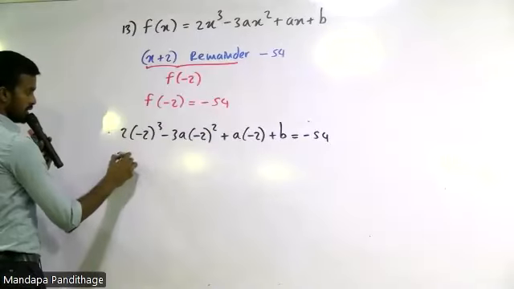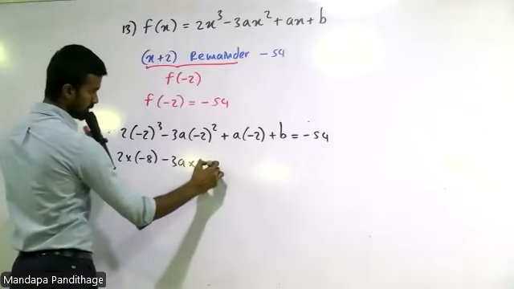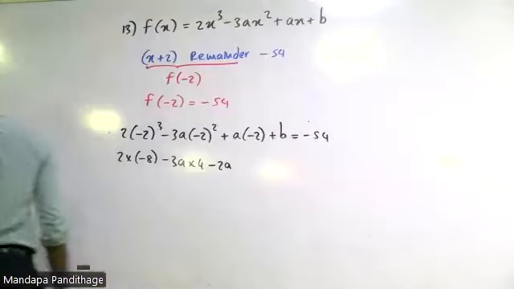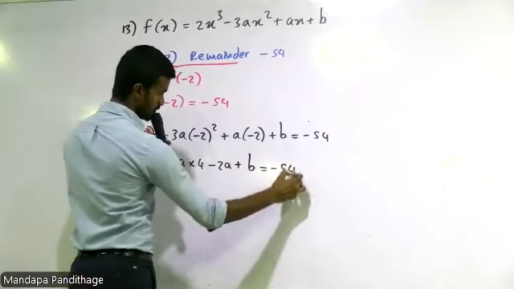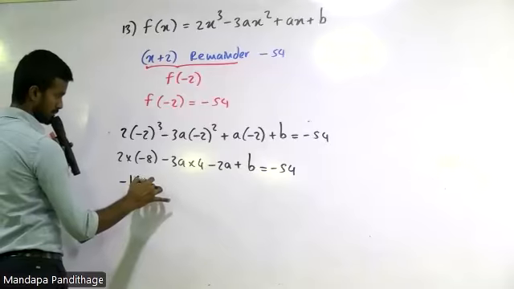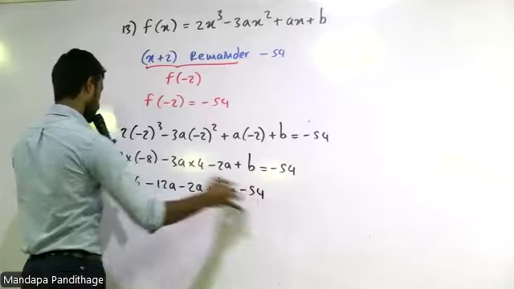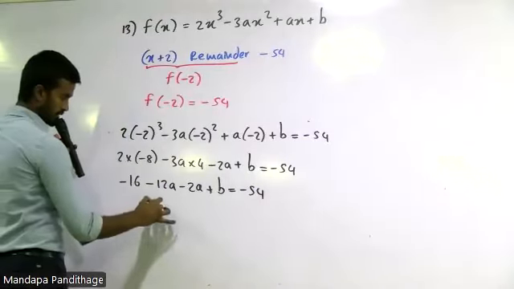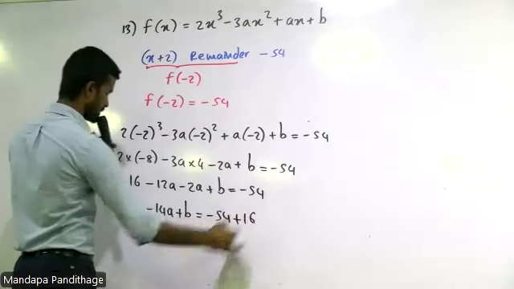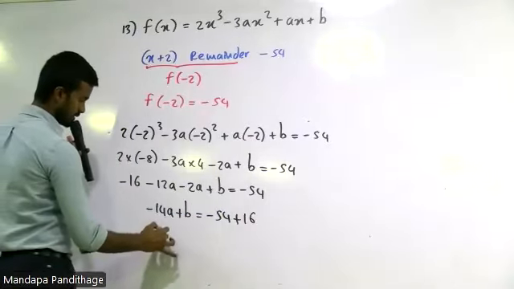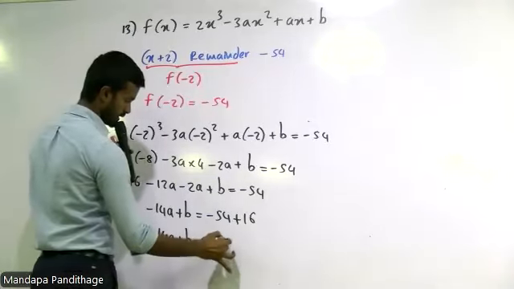Now simplify. 2 times (-2) cubed is minus 16, minus 12a, minus 2a plus b is equal to minus 54. Taking this to the other side, the first equation is minus 14a plus b is equal to minus 54 plus 16, which is minus 38.